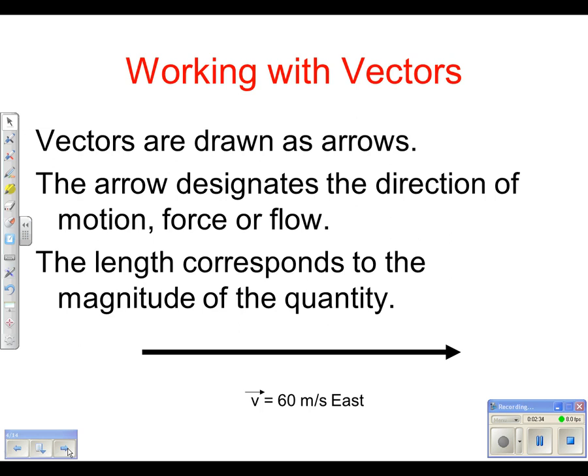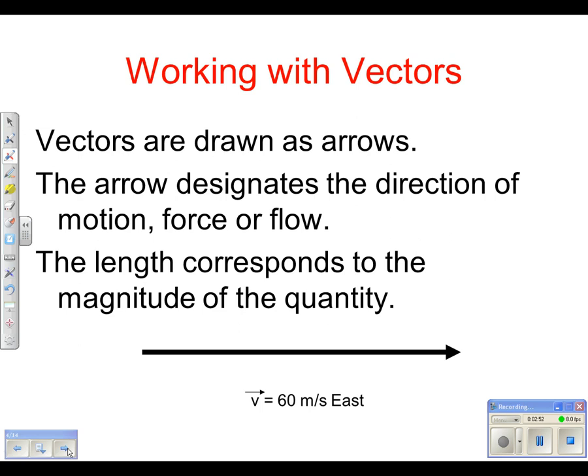Now, when you're working with vectors, vectors are drawn as arrows. And they're going to show you how big, or the magnitude of it, and what direction it's going. And so the one that's shown on the screen already is just a velocity of 60 meters per second east.